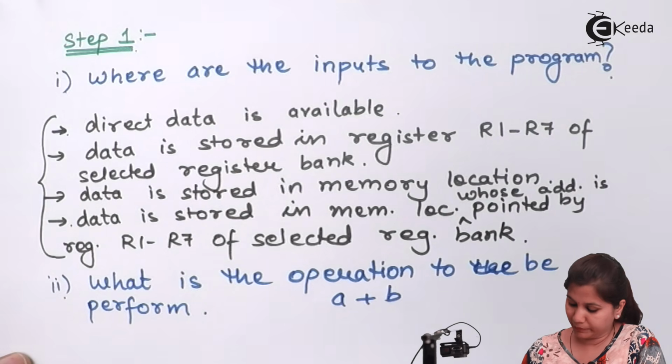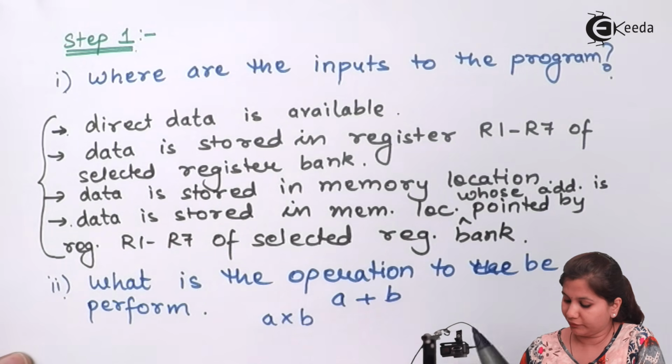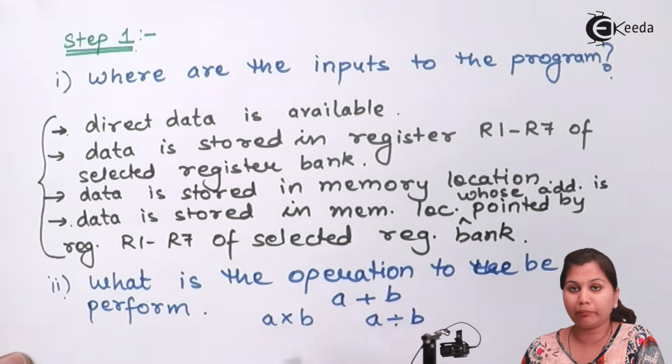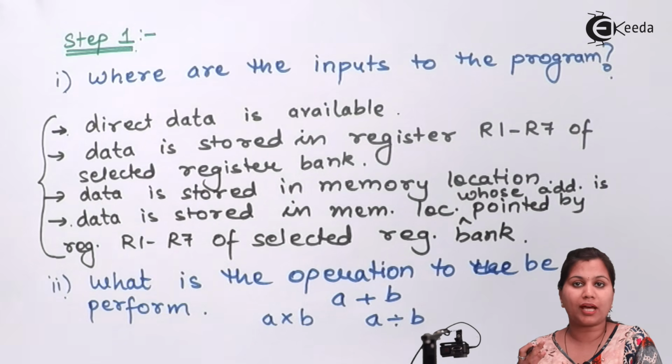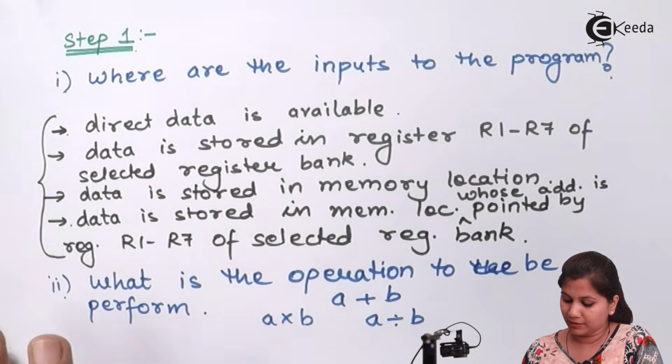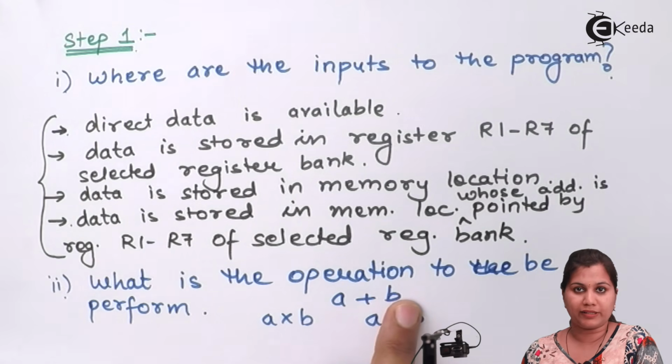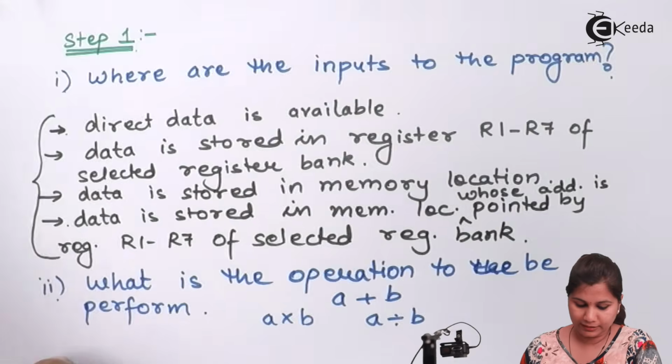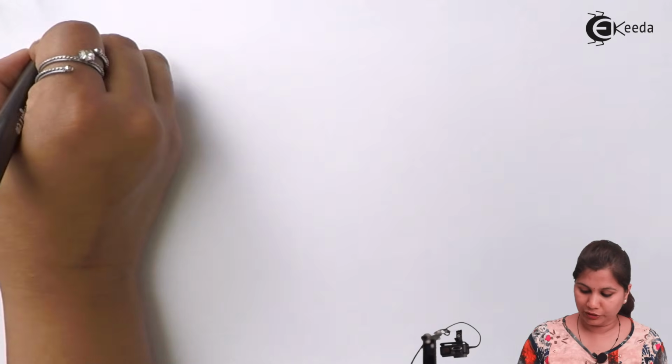If we want multiplication, then a into b. If we want division, then a divided by b. Okay, so which type of operation is to be performed in the program, that is to be decided in this first step.